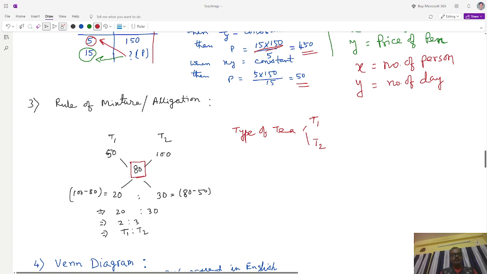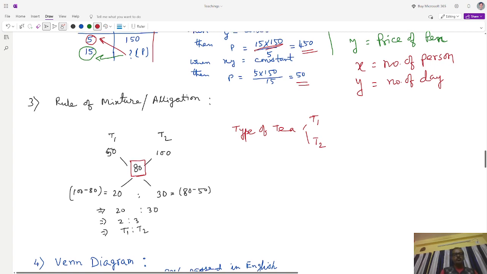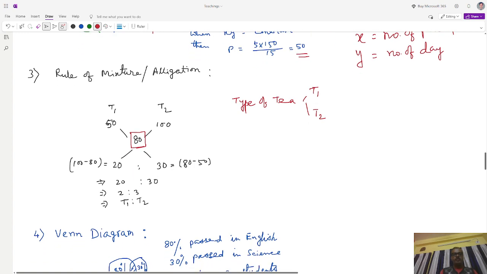Okay. This rule is applicable for so many problems in mixture. If you manipulate this method in some way, it will help us to solve many difficult problems on mixture.